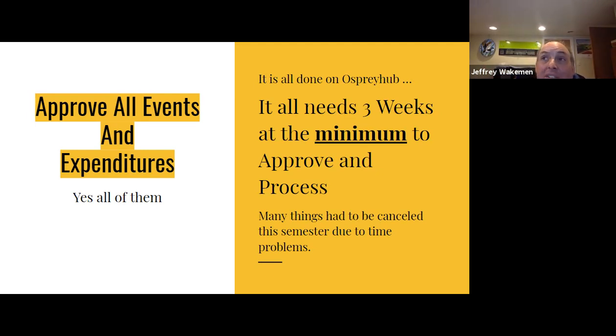We've had to cancel events this semester and cancel some of the payments for some of the vendors that wanted to come to campus because we cannot get things approved and processed any faster than that. So 3 weeks is the bare minimum for the easiest events. Please come in, put in your paperwork in the Osprey Hub even earlier than that.